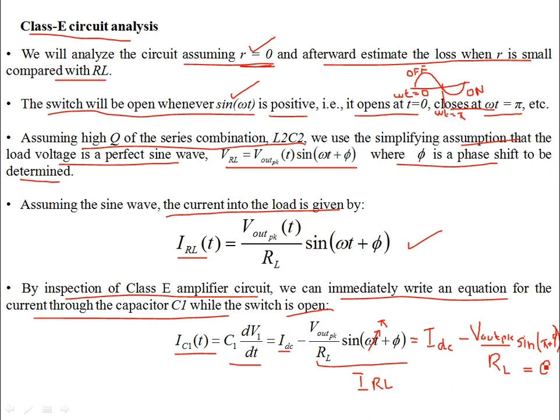So what is sine of (pi plus phi)? Let's expand this: sine pi cosine phi plus cosine pi sine phi, where cosine pi is minus 1.